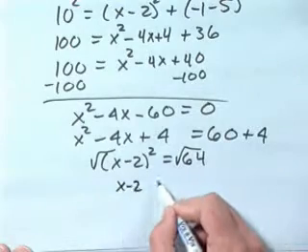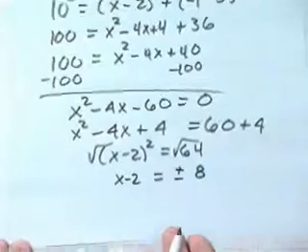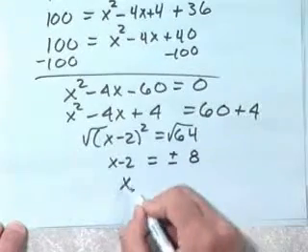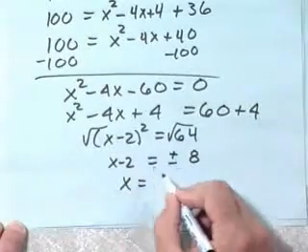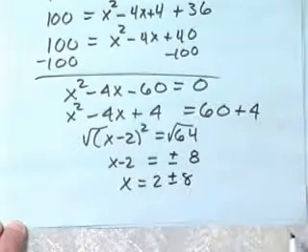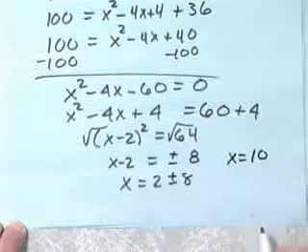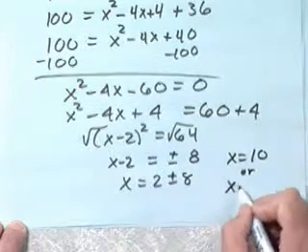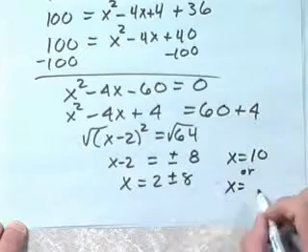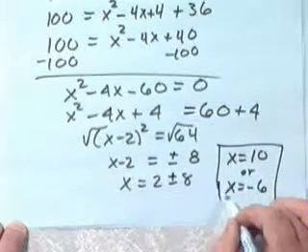x minus 2 is equal to plus or minus 8. So x equals, I'll move the 2 over, 2 plus or minus 8. So x is equal to 2 plus 8, which is 10, or x is equal to 2 minus 8, which is negative 6.